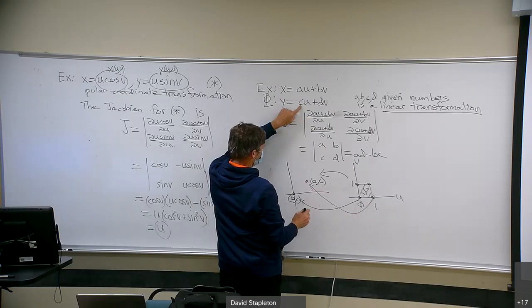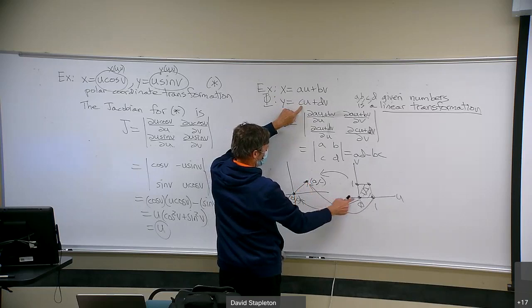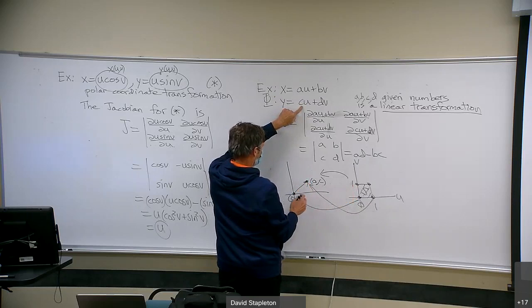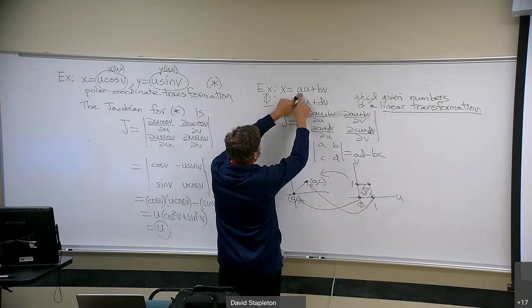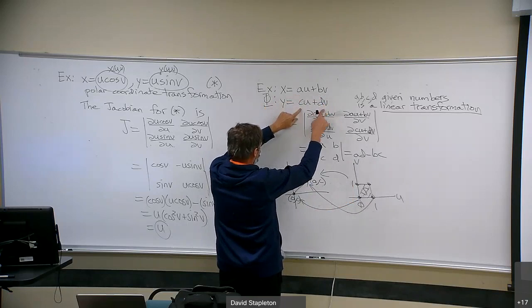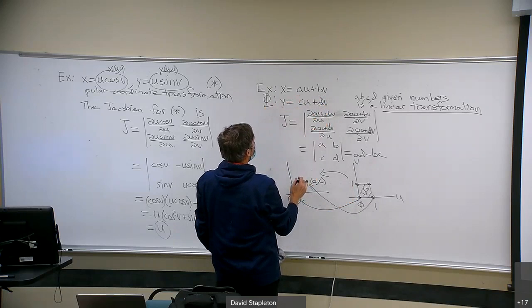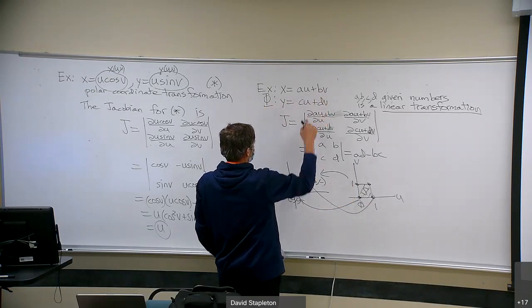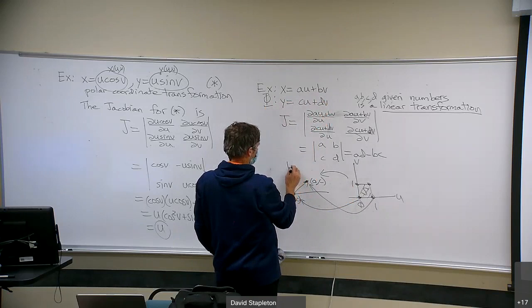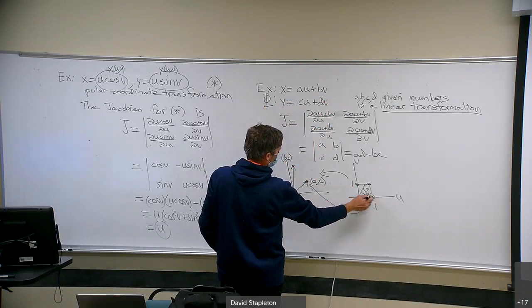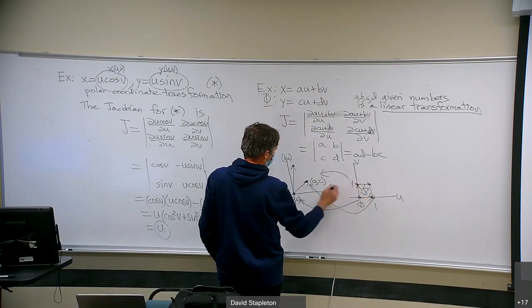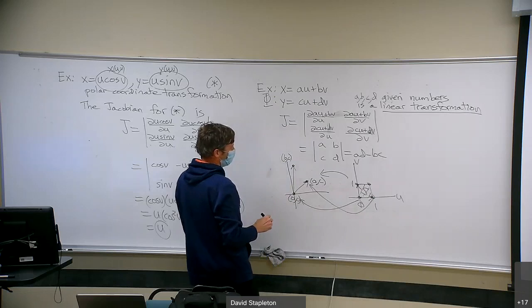And then if I take this one, 0, 1, then I get 0 plus B and 0 plus D. I get the point BD. And so this vector here and this vector here plot to this vector here and this vector here.